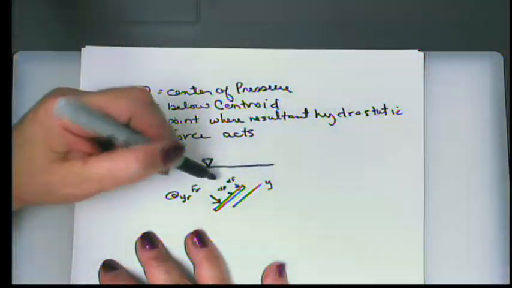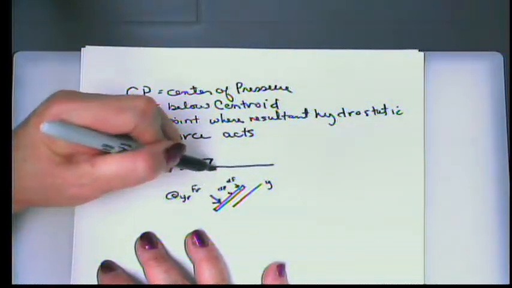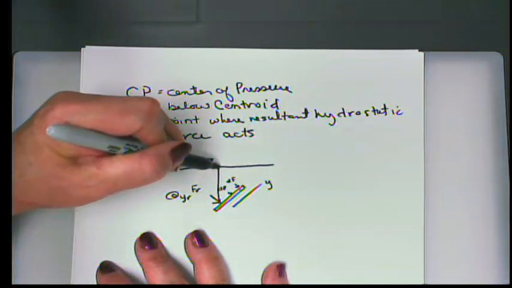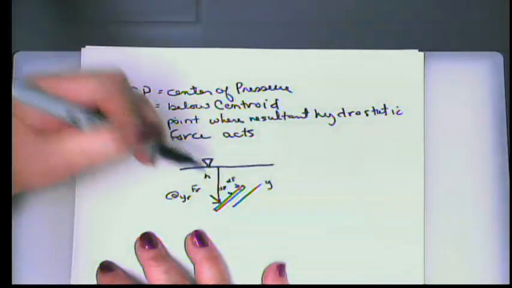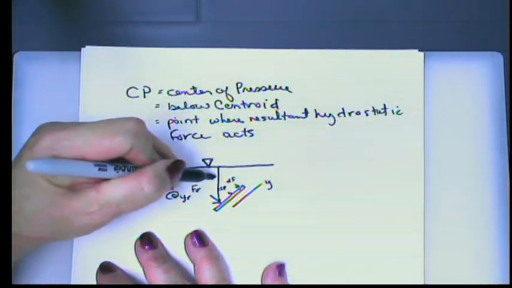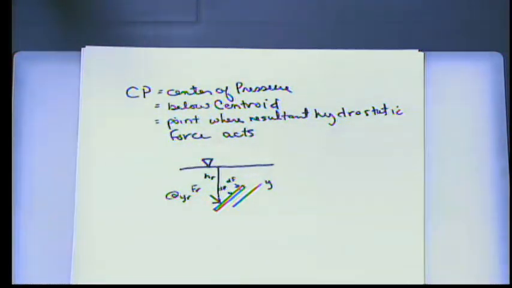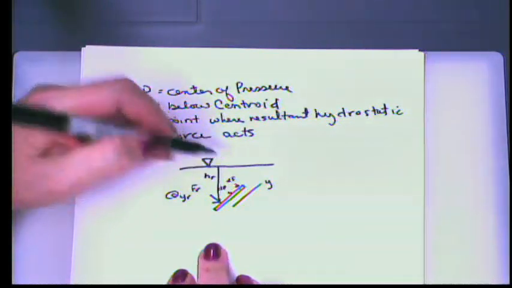And if we're going in a vertical direction from here to here, that's actually a z, but they call that h. Right? So h is actually the distance from the free surface in a vertical sense down to wherever we're talking about F sub R acting.